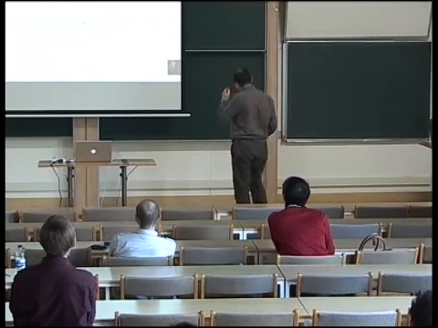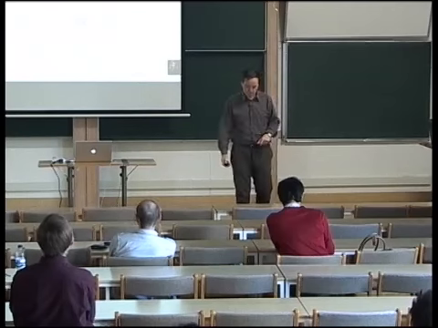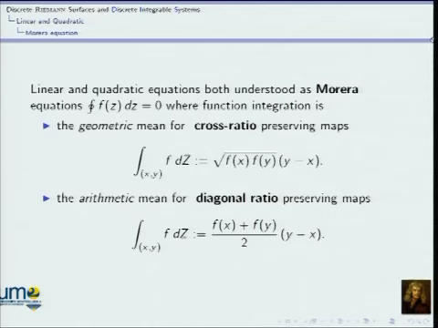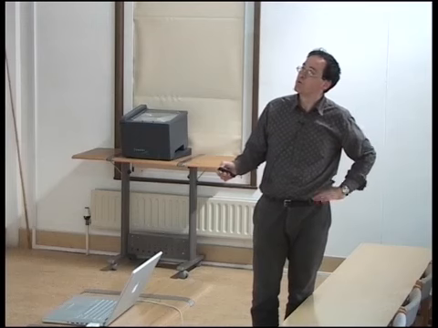So both of these versions of discrete analytic functions can be brought into the same form as the Morera equation. That is to say, a function is holomorphic whenever the integral of f(z) dz around any closed loop is null.